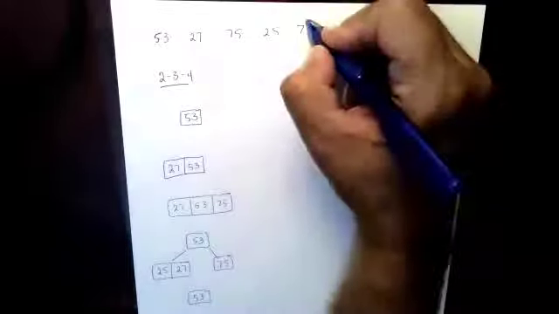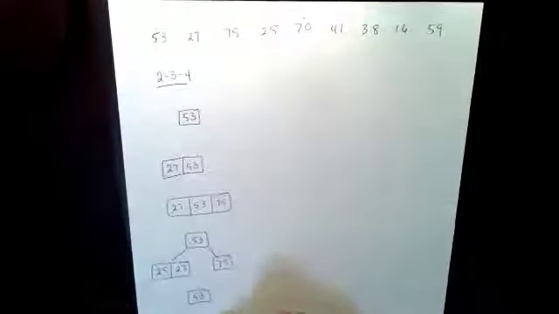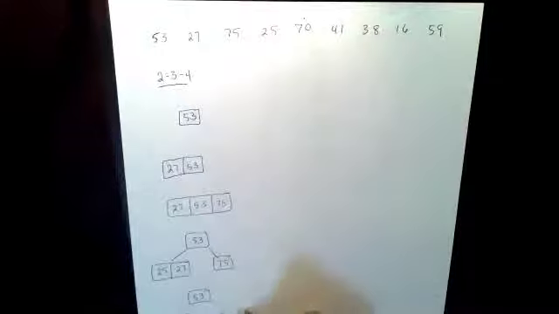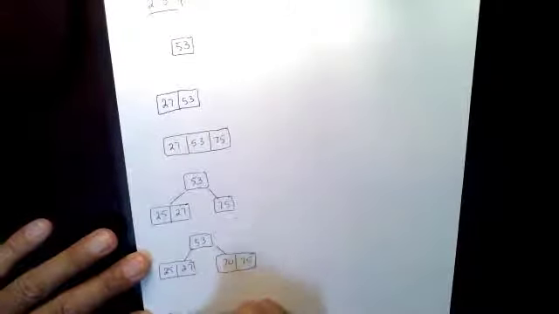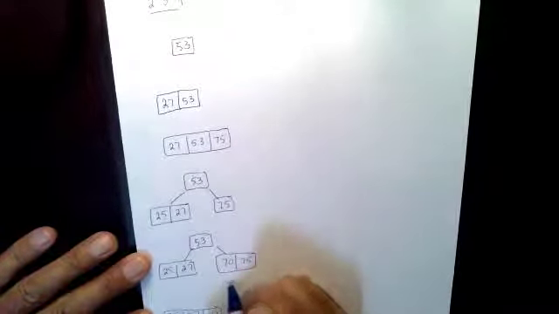So I'm now about to add the 70. 70, 75. And the next thing I add is a 41. 25, 27, 41, 70, 75, 53.